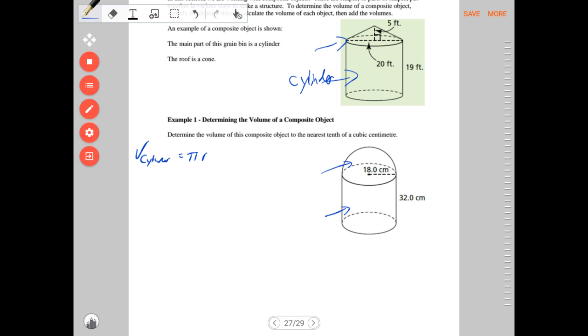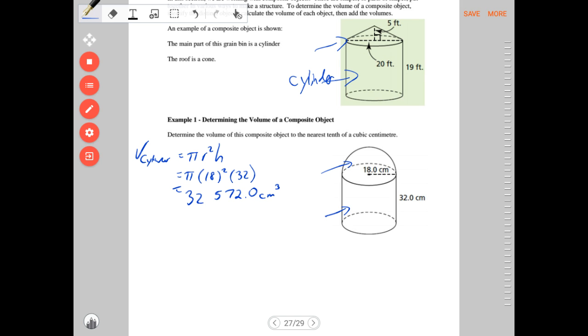The volume of a cylinder is pi r squared h. The radius here is 18, so pi times 18 squared, and the height is 32. So the volume of this cylinder is 32,572.0 centimeters cubed.